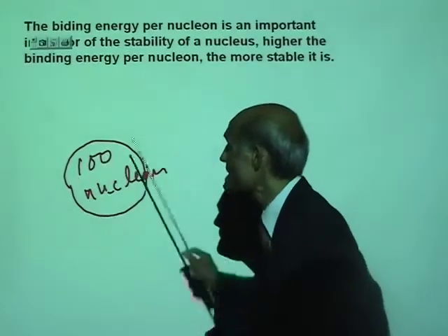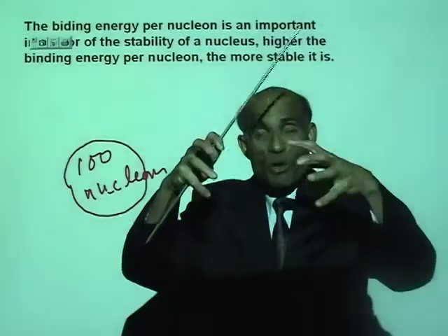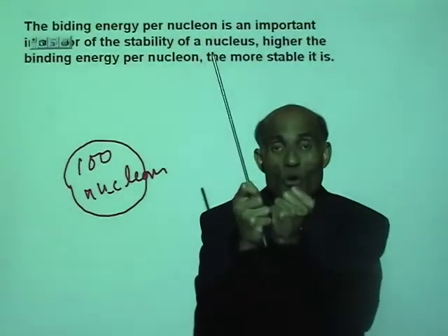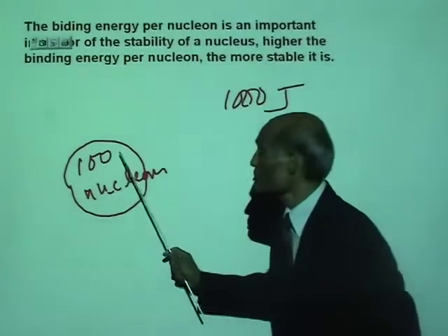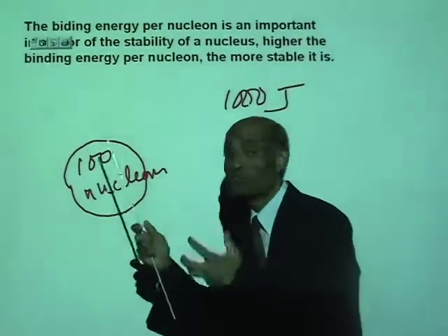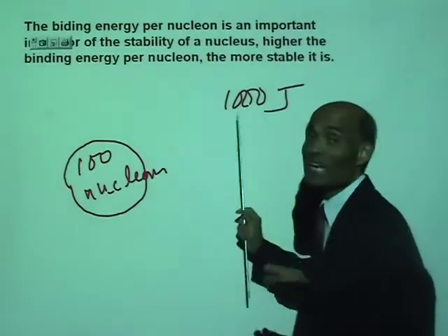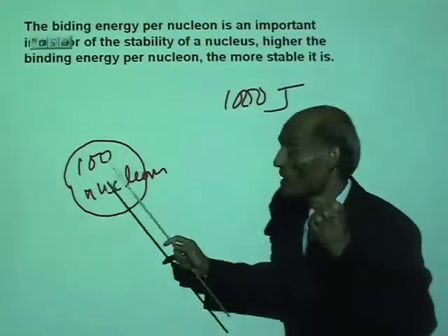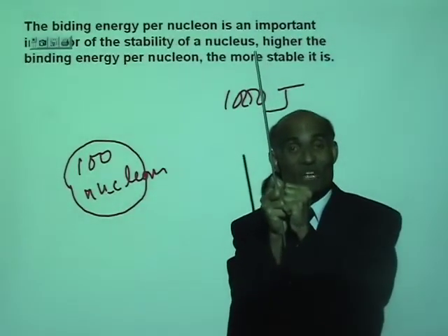Suppose this nucleus contains 100 nucleons, and the total binding energy holding all those nucleons together is, let's say, 1000 joules. Energy is measured in joules. So, suppose the total binding energy of this nucleus is 1000 joules, and this binding energy of 1000 joules is used to hold these 100 nuclear particles together.